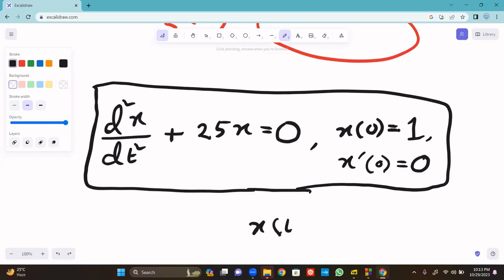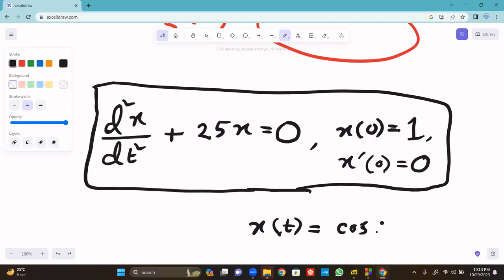x of t, we can guess using knowledge of physics. Since the amplitude x at 0 is 1, it should be a cos function, the amplitude should be 1, and the frequency omega is 5 here.